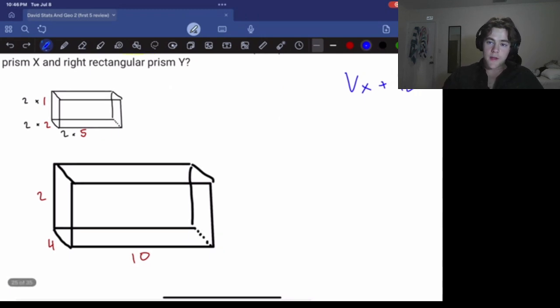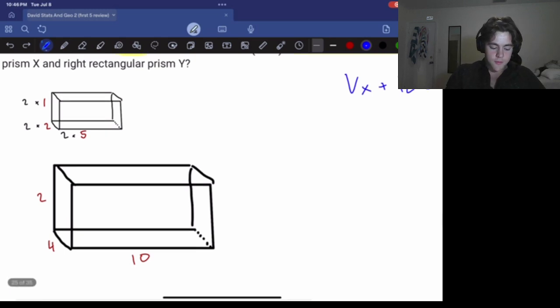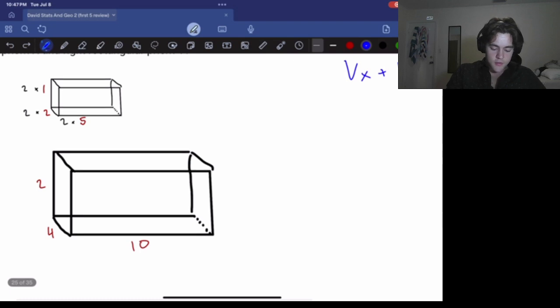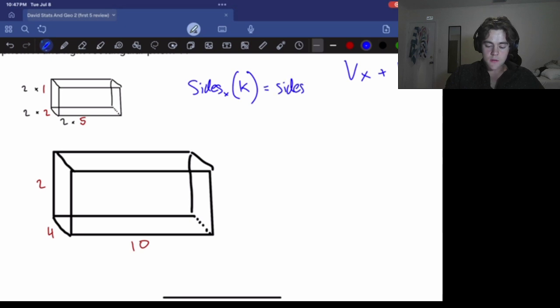So we know a few things that are related to these prisms. To put this into perspective, we know that the sides of x times k equal the sides of y. In this case, k is what? k is 2, right? Because we multiplied everything by 2. We also know surface area of x times k squared is going to equal surface area of y.